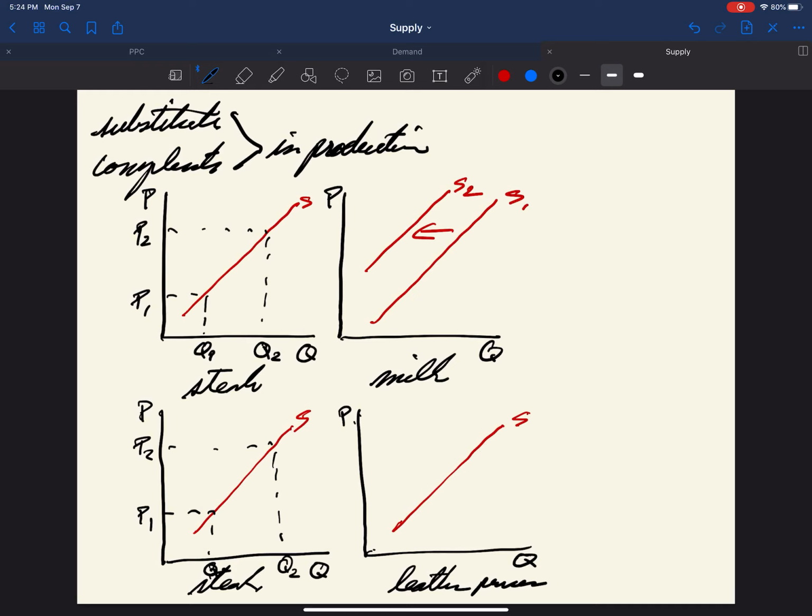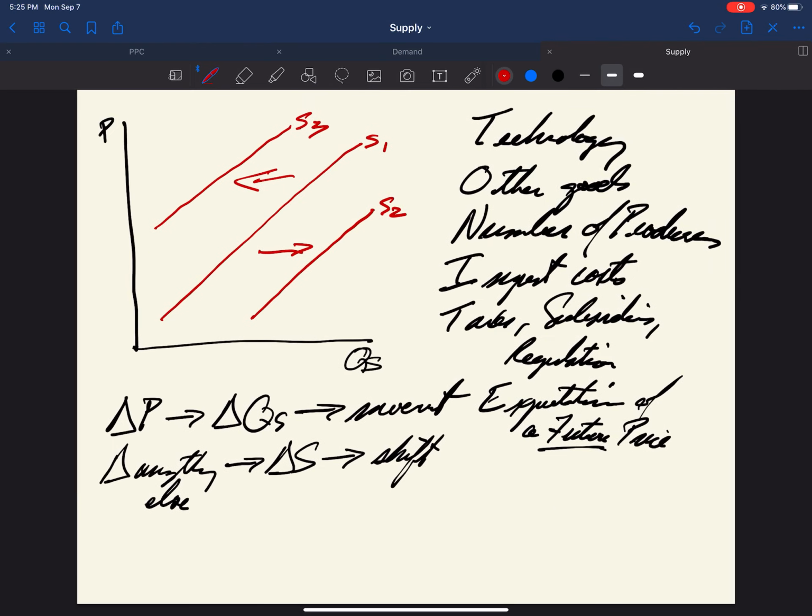Okay? Fine. Thing about this is that leather is a byproduct of making steak. So if that's the case, I can use that leather to make purses. So if I'm making more steak, then my supply of leather purses would increase. So that's what we mean by other goods in that particular example.